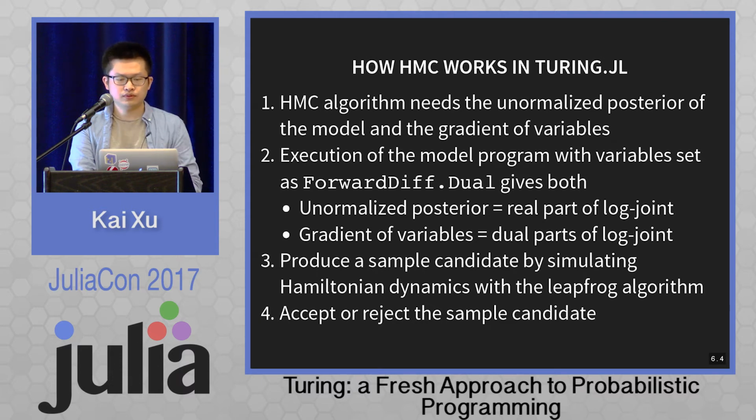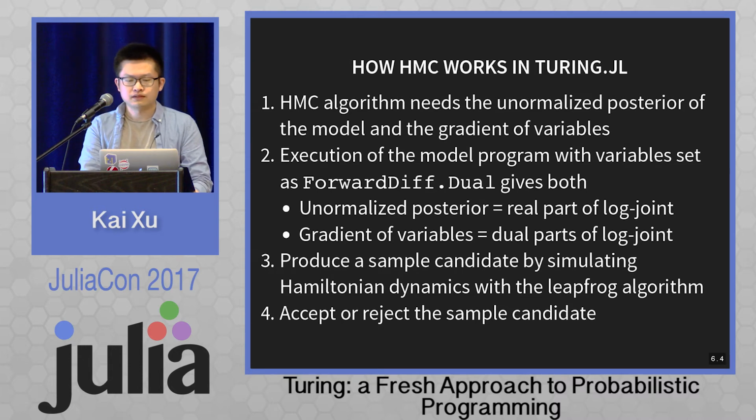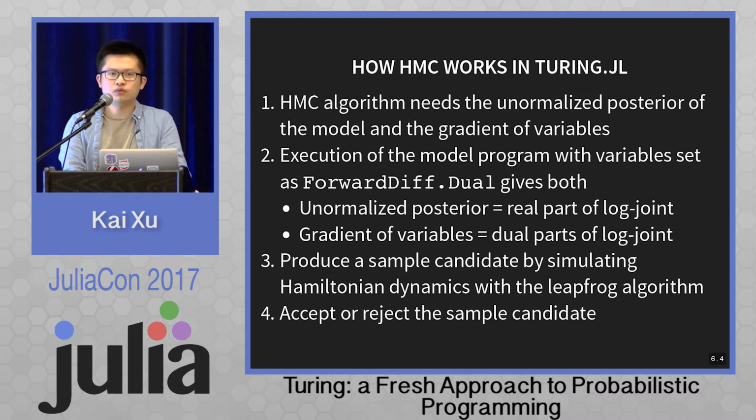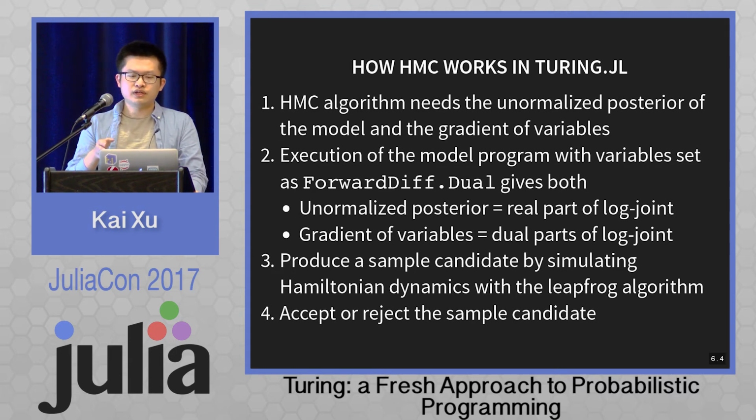And in Turing, the HMC algorithm only needs two pieces of information to run its MCMC chain, which are the unnormalized posterior of the model and the gradient. So in Turing, in Julia, we can just set the model variables with a ForwardDiff dual type and execute the model program.